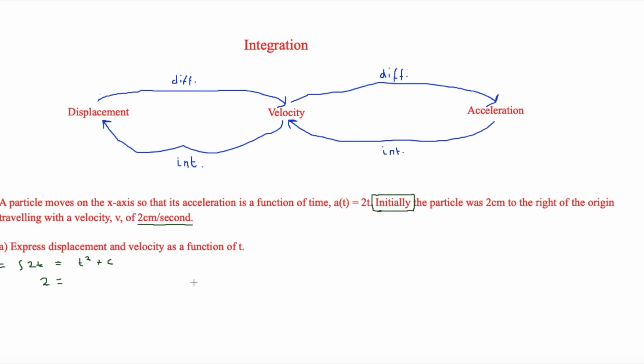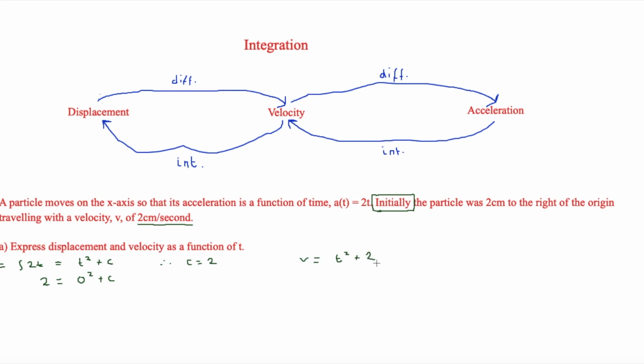So therefore we can denote that t is equal to 0 at the start, and that's because this is all happening at the start. So therefore 0 squared plus c. So therefore c is equal to 2, and we know that v there is equal to t squared plus 2.